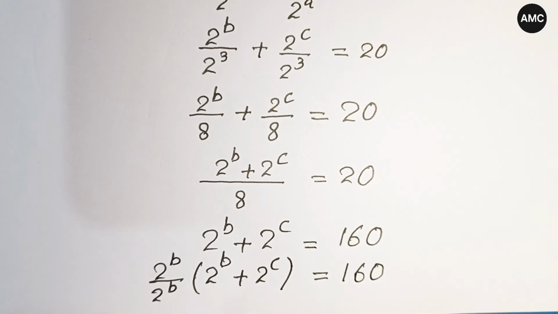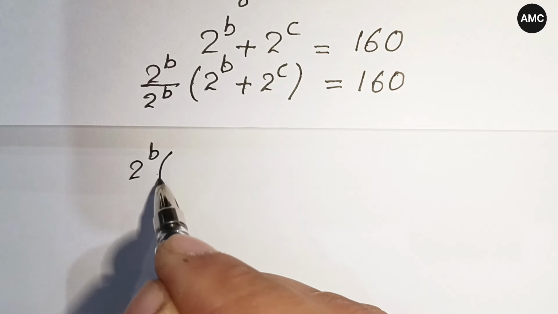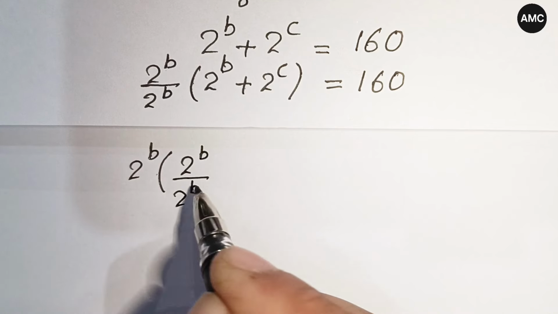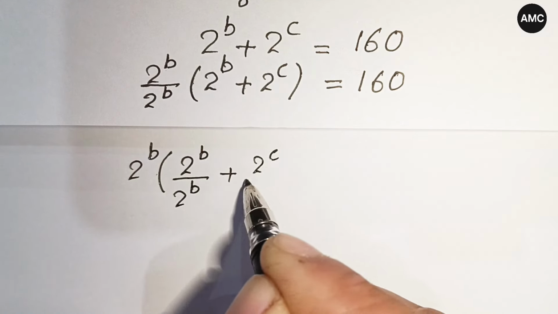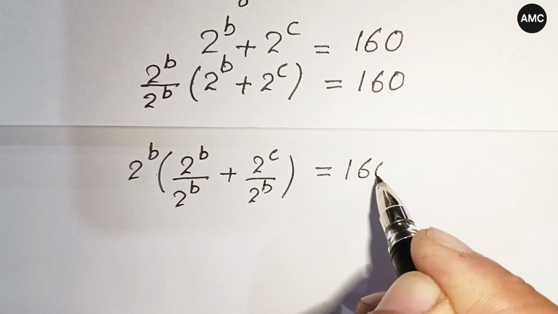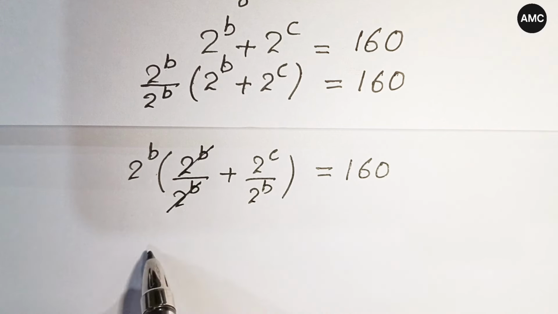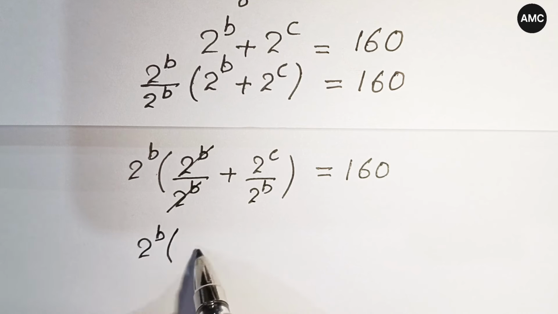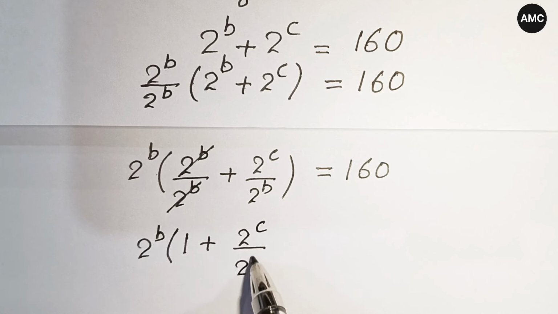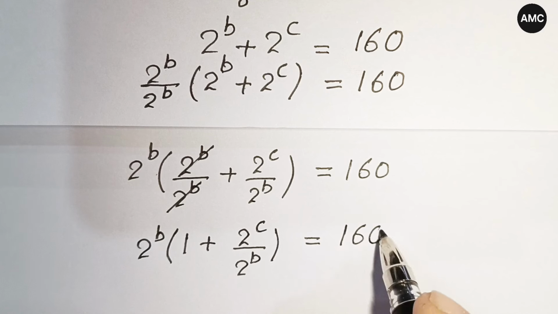160. Now our next step will be, here we have 2 to the power b times 2 to the power b plus 2 to the power c over 2 to the power b is equal to 160. Now this 2 to the power b is cancelled out with 2 to the power b. We have 2 to the power b times 1 plus 2 to the power c over 2 to the power b is equal to 160.